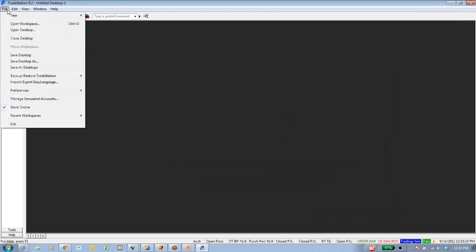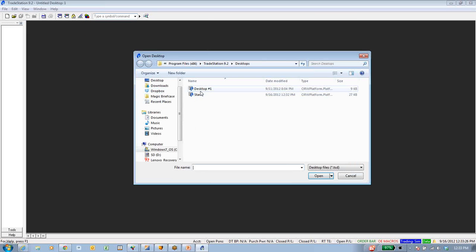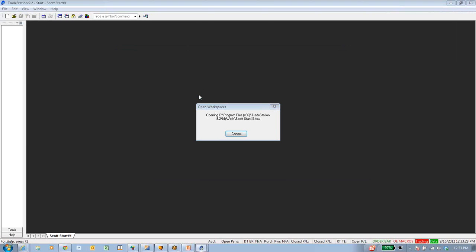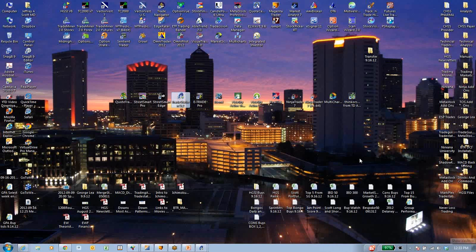But I'm using 9.1 on my other machine, so if I'm going to use it on both machines, I have to have my beta version on the other.